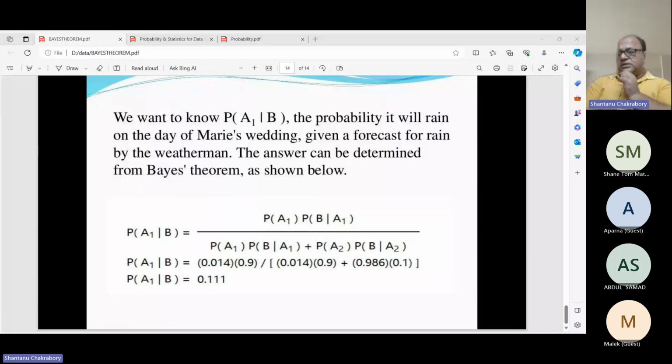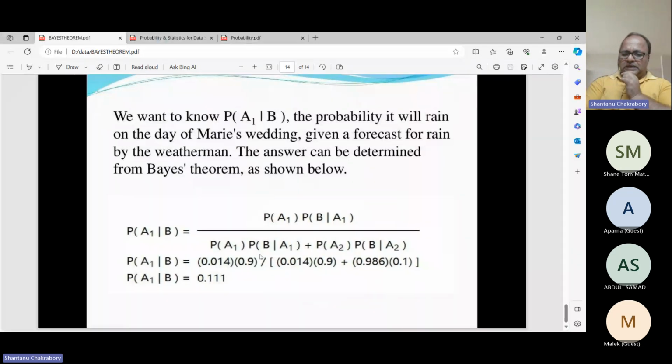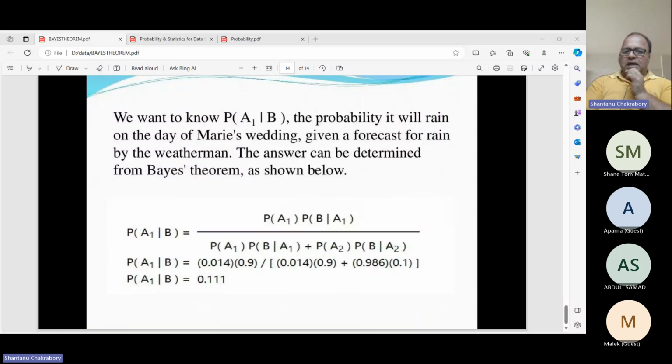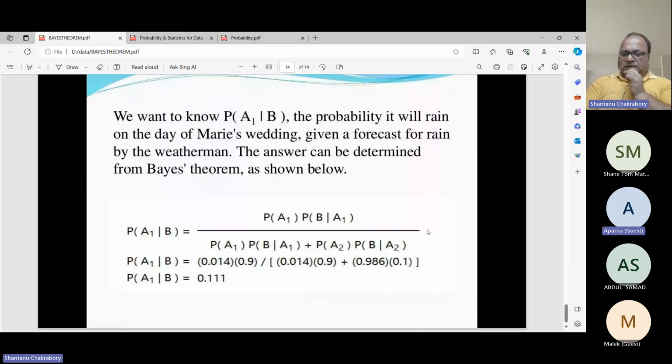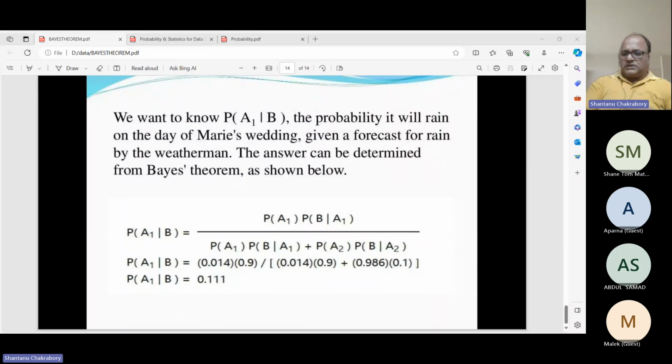That is how conditional probability plays a very important role in understanding the probability we calculate with the Bayes theorem.